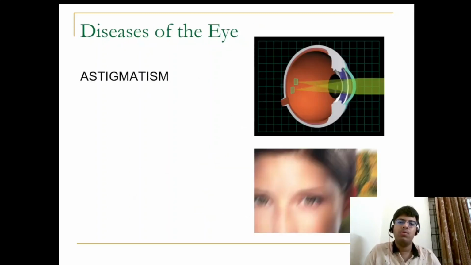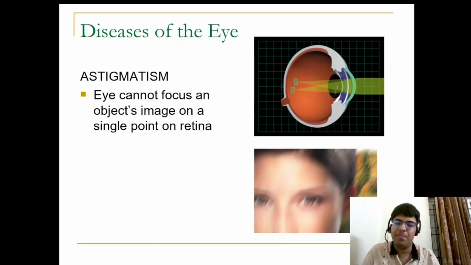Next we'll talk about some diseases of the eye. First is astigmatism. I hope I'm pronouncing it right. Here the eye cannot focus the object's image as a single point on the retina.